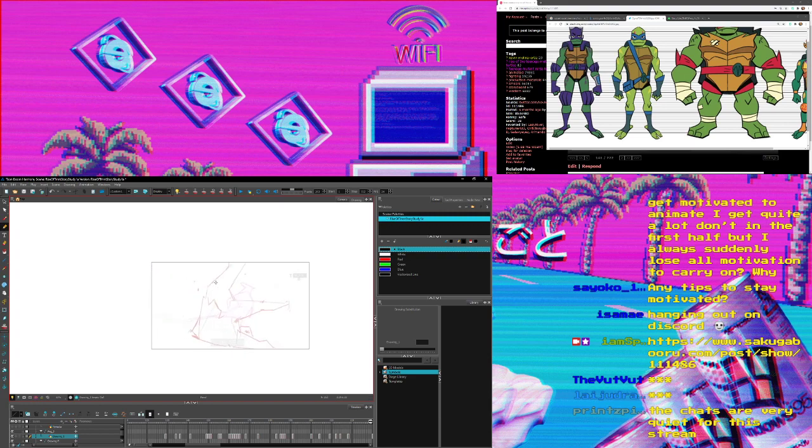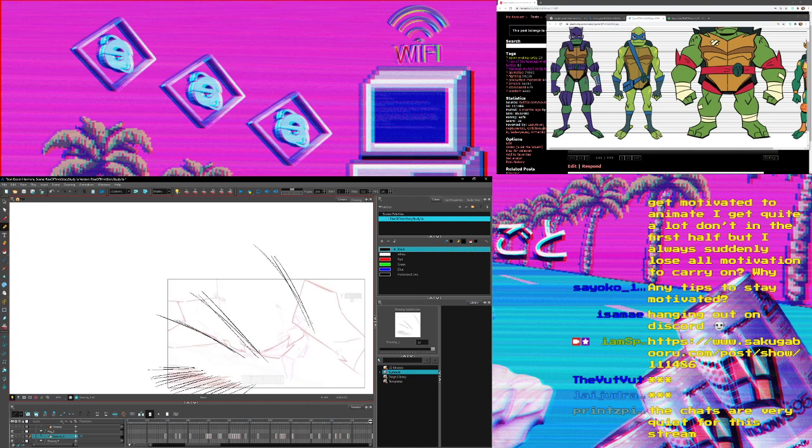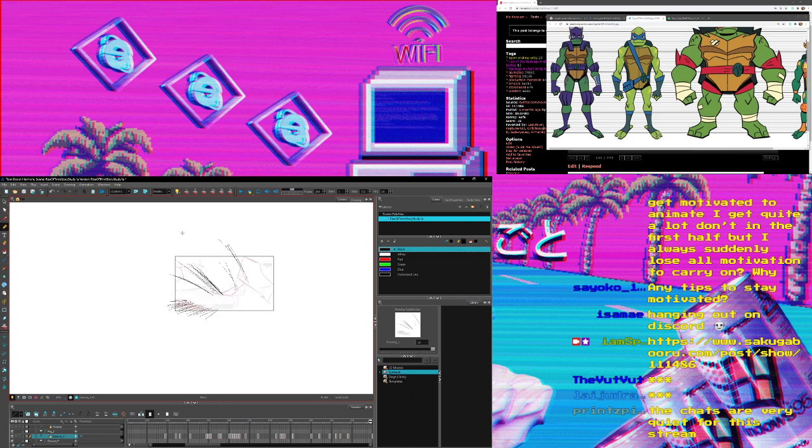So here we go. Let's take a look at this transition here. That's going to fill in Raphael's body mass, so we get a sense of how this transition is actually occurring. You may notice that shadow right there is following a perspective line, and so is Raphael's body, for that matter. If you look for cues on how the story artist drew his body, you can track how the perspective was used on him.